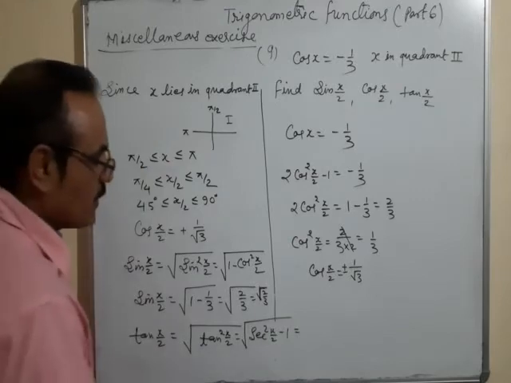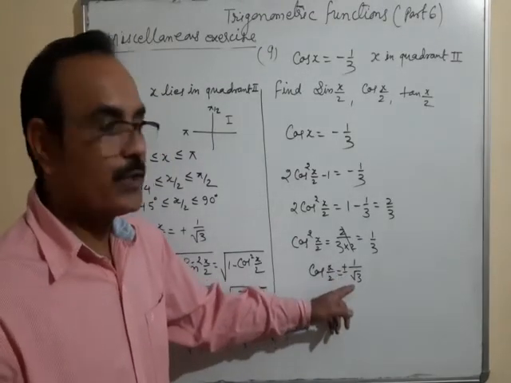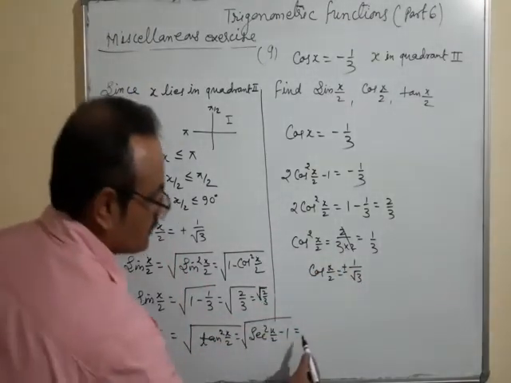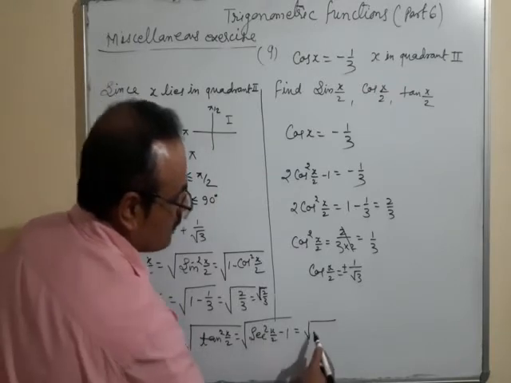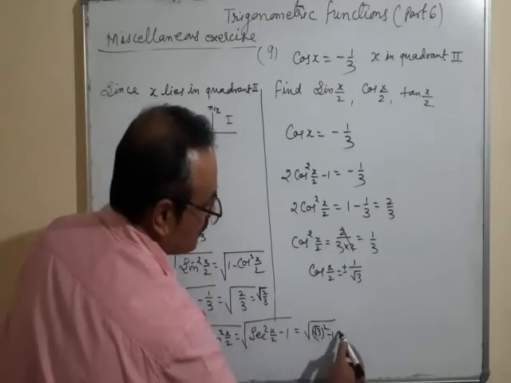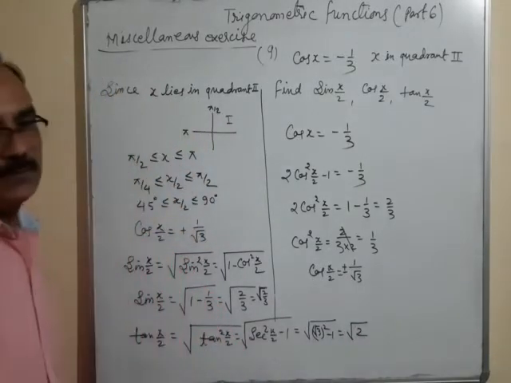And what is sec square? Because cos x by 2 is 1 upon root 3, sec x by 2 is root 3. So sec square x by 2 is root 3 square, 3 minus 1, so it is under root 2.